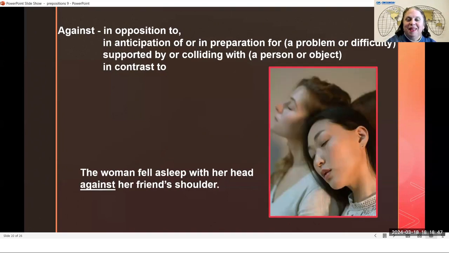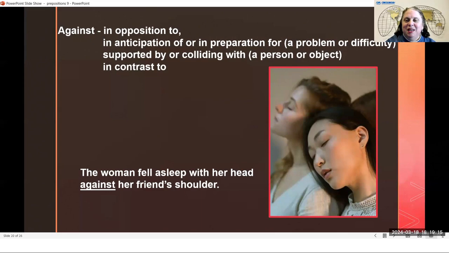Similarly, here it says the woman fell asleep with her head against her friend's shoulder. So her head is supported by her friend's shoulder. The shoulder is what's holding up the other woman's head. If it was not there, her head would just fall.